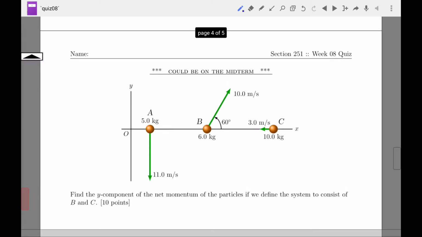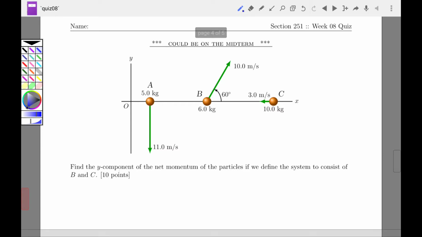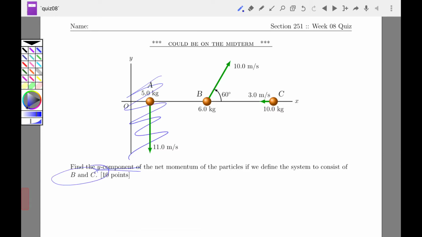Okay, so section 251, y component of B and C. Don't look at that.